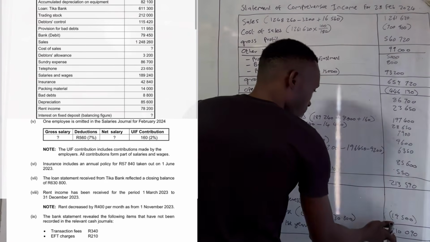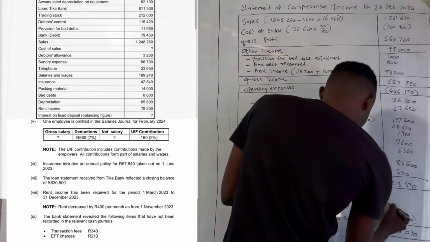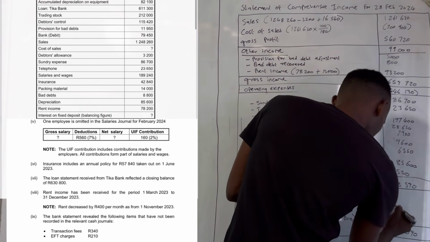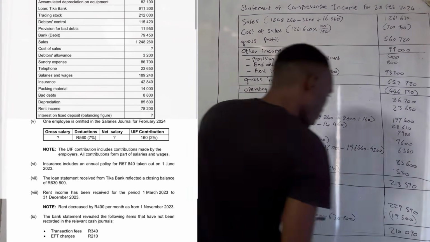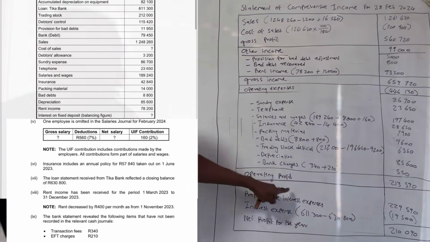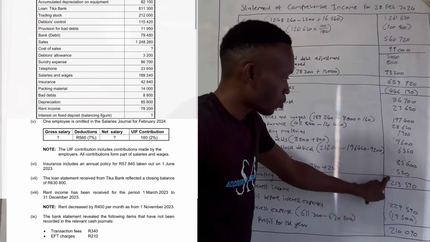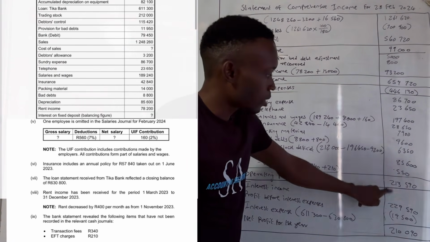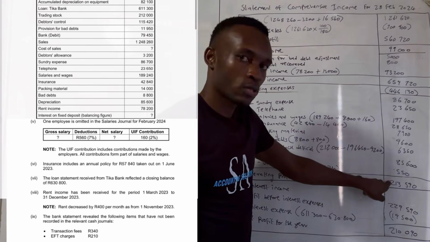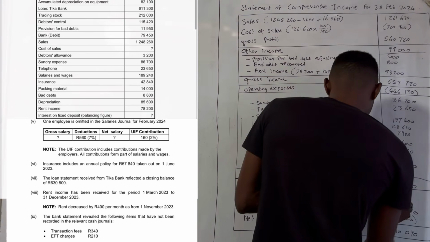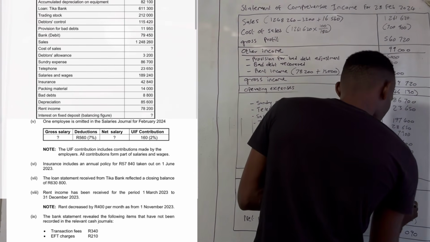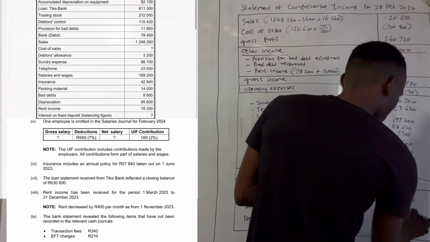If you take this one plus this one, we're gonna get 229,590. And interest income is the difference between these two, which you subtract because this one is positive. When you go up or reverse, guys, you change the sign. This one is a balancing figure.